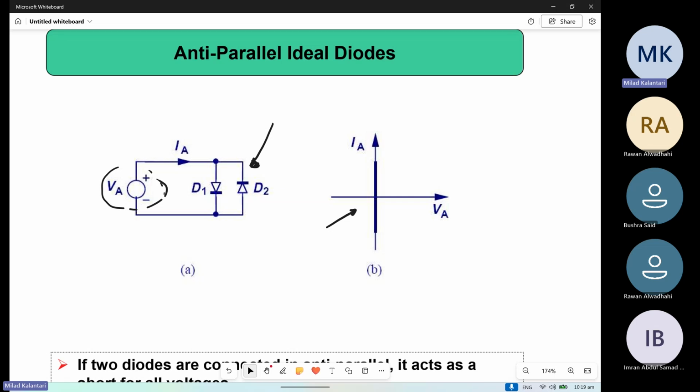How does the current IA pass? At the end, the IA can always pass. So basically, this shows that the anti-parallel diodes are like a short circuit because they pass both sides. It doesn't do anything. So the curve of IA over VA is like a short circuit. For any voltage you have, the current just suddenly increases.